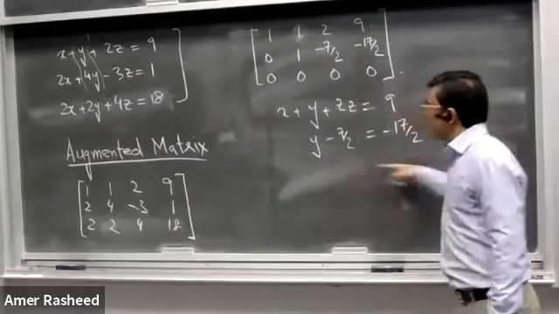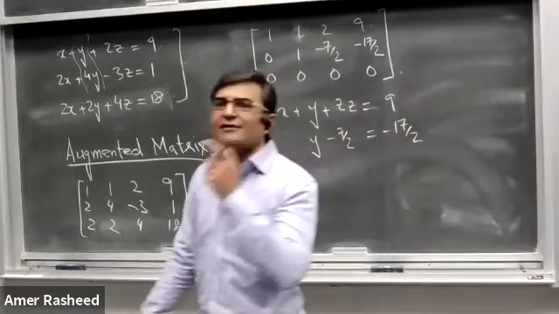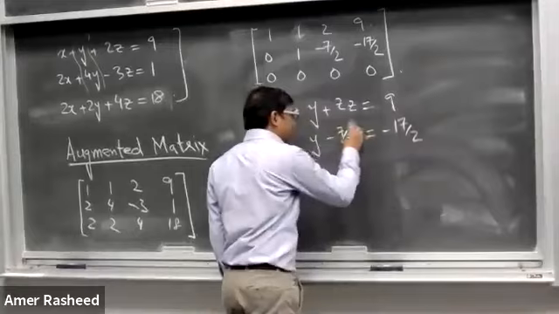But in the third one you don't have an equation. You are unable to find the value of z here. Sir, it should be negative 7 over 2z. Yes, it is z. So what we can do is make y the variable in the first equation.